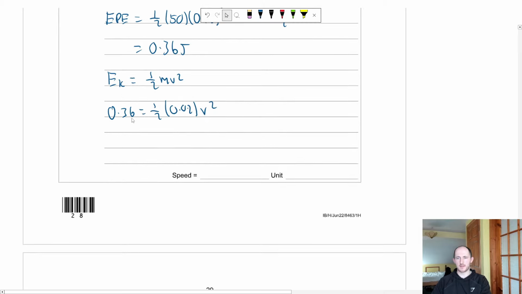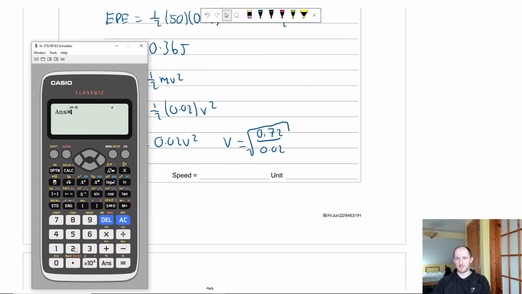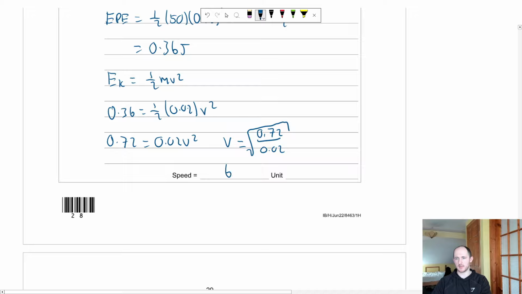So if I times both sides by 2, I get 0.72 equals 0.02 v squared, which means v is equal to 0.72 over 0.02, because I've divided both sides by 0.02, and then I square root it, and I'm done. In terms of the unit, that's of course meters per second. So I've times it by 2, divided by 0.02, then square root our answer, we get 6 meters per second.